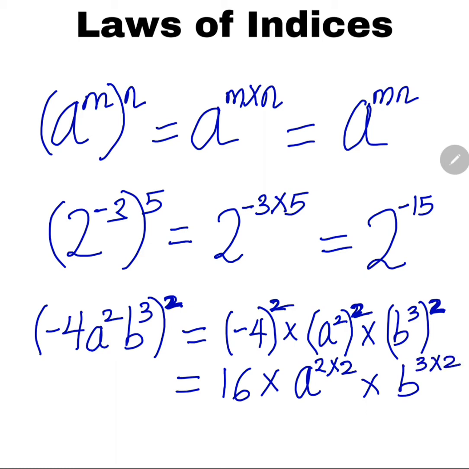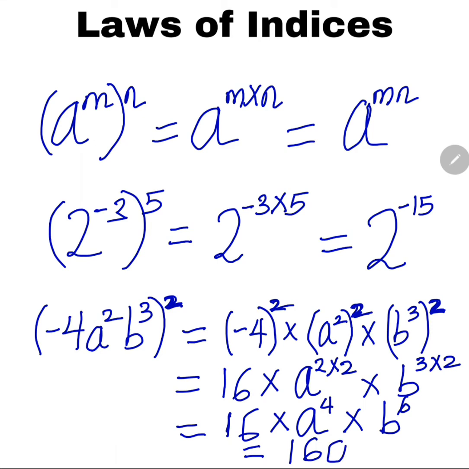If you apply law 5, then if you simplify, you get 16 multiplied by a to the power 4 multiplied by b to the power 6. So that your final answer will be 16 a to the power 4 b to the power 6. I hope you understand.